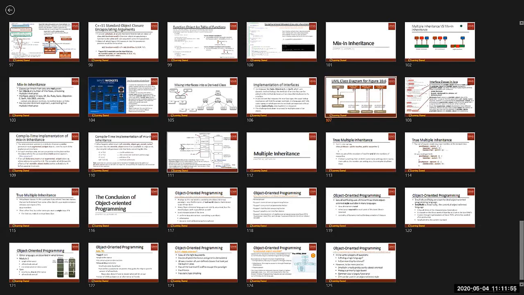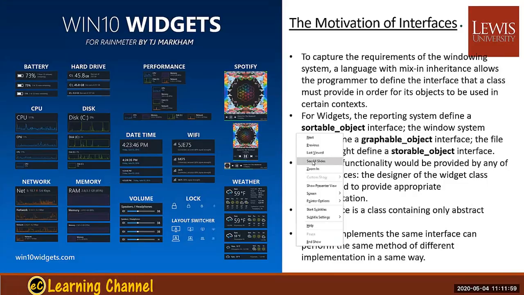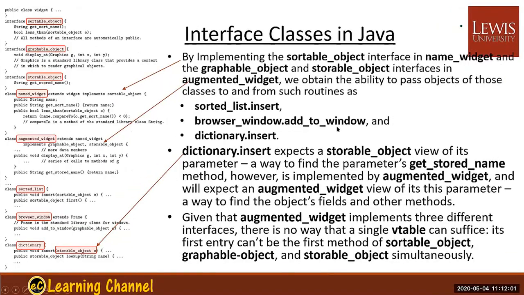And those widgets are what we talk about here, the widget system of Windows. I put this in here, but I know that the author is talking about this. So now we have interfaces in Java. On the left-hand side we have the Java language. Class widget has a sortable object, graphable object, and storable object, so under it we have three interfaces.